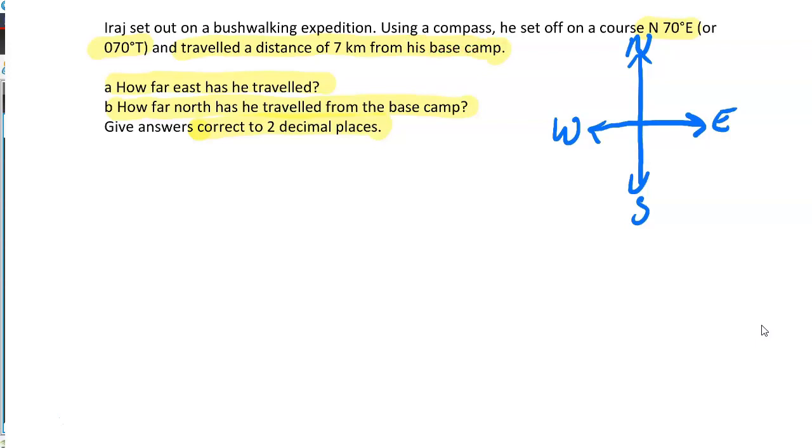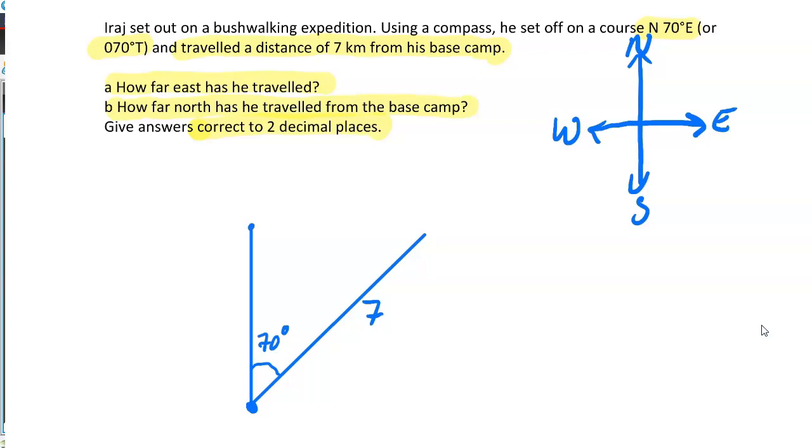Okay, so Araj starts off from a base camp here. Now we've got north going that way. Now he's gone off on a course of 70 degrees, like that. Okay, so 70 degrees. And he's walked 7 kilometres.